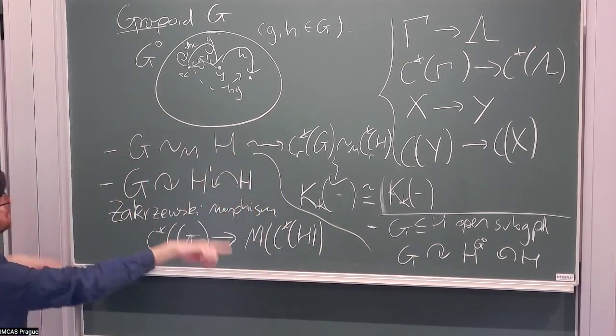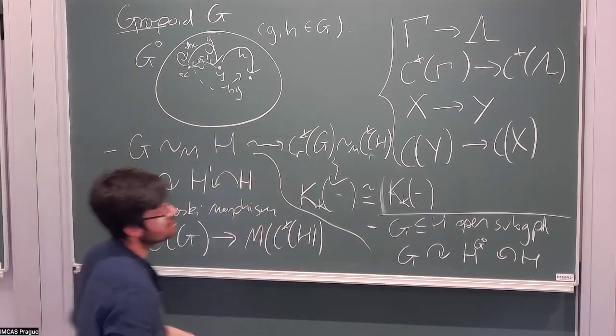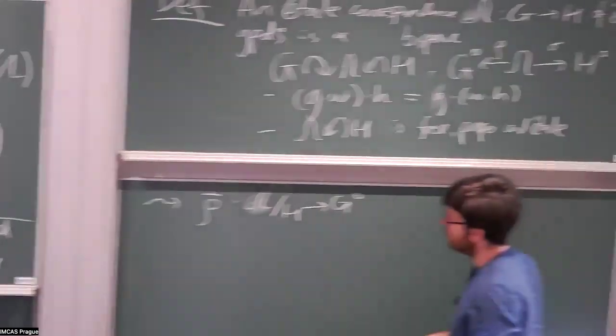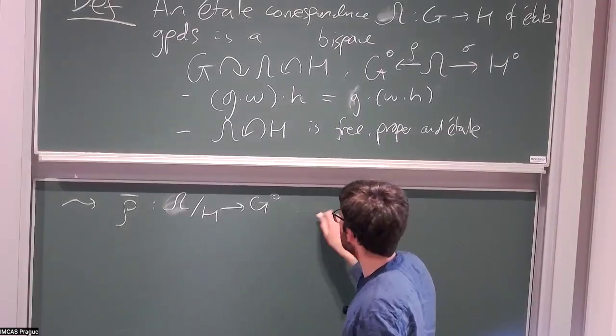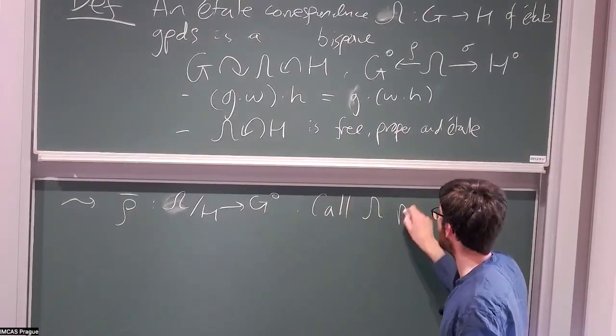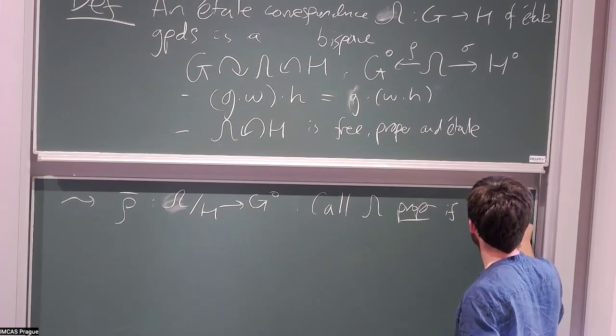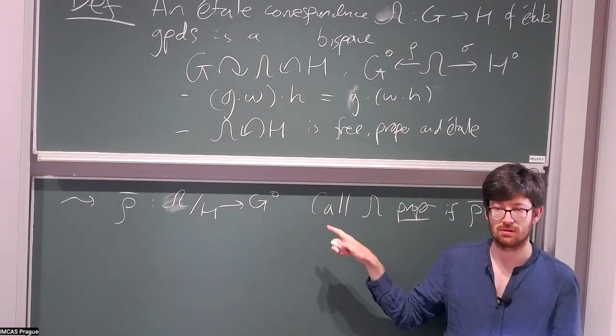So in all these three cases, I have something that looks like this. I'm going to call omega proper if this continuous map is proper.